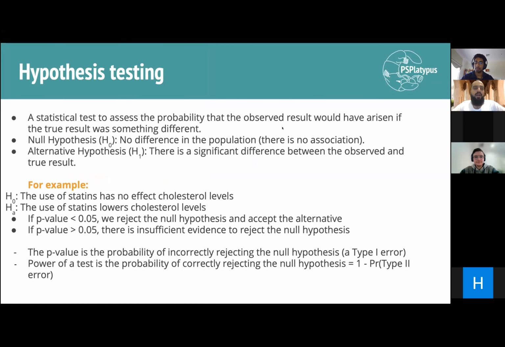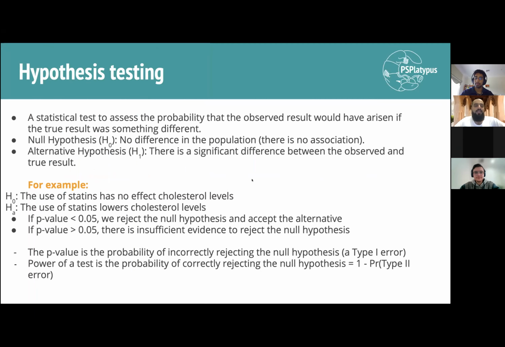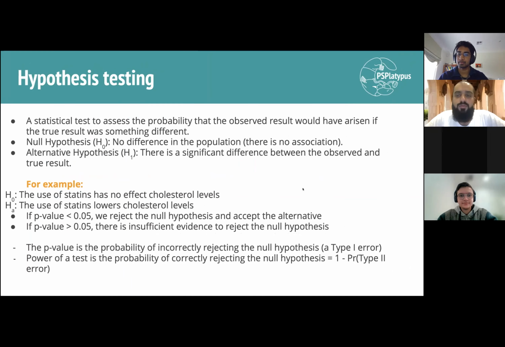So we have hypothesis testing, which is a statistical test to assess the probability that the observed results would have arisen if the true result was something different. And we have two terms here: null hypothesis and alternative hypothesis.